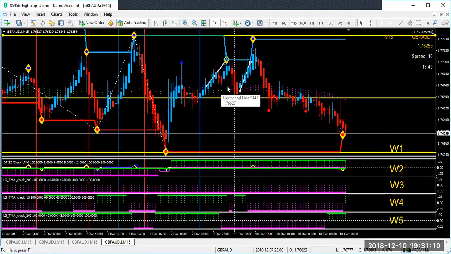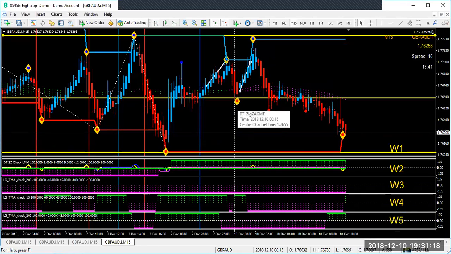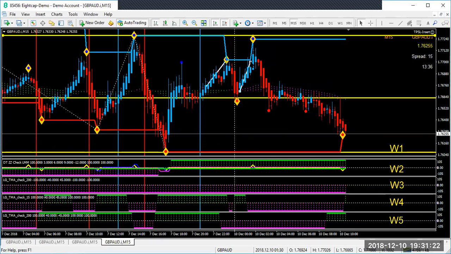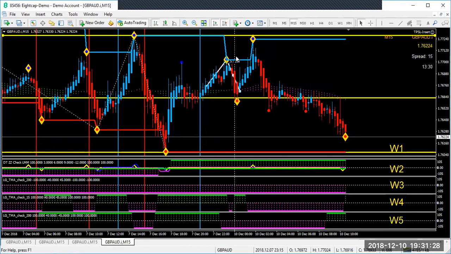So you can see how these intermediate diamonds are used to help you take profit, and then to give you a visual signal, hey, I might be ready to go back up again. And the good thing is, if it's going to go up, it has to go past where the previous diamond is.